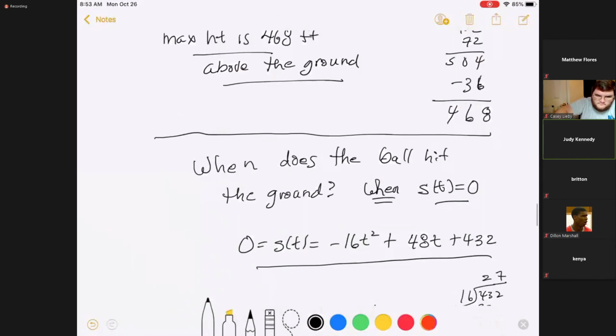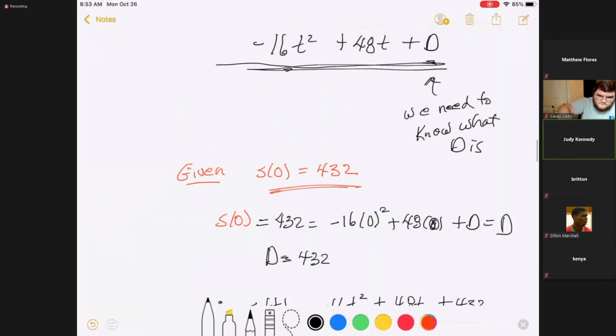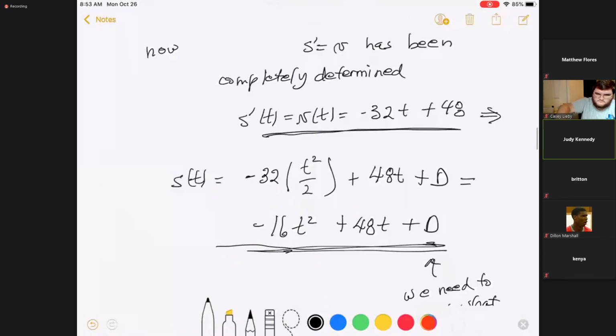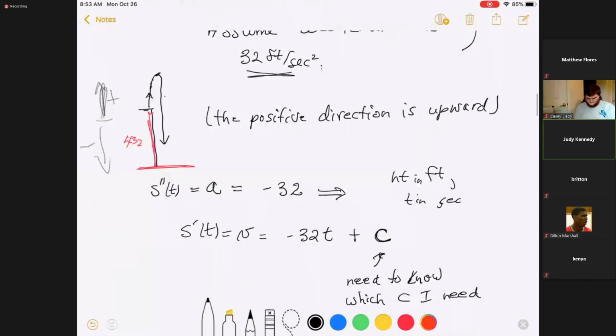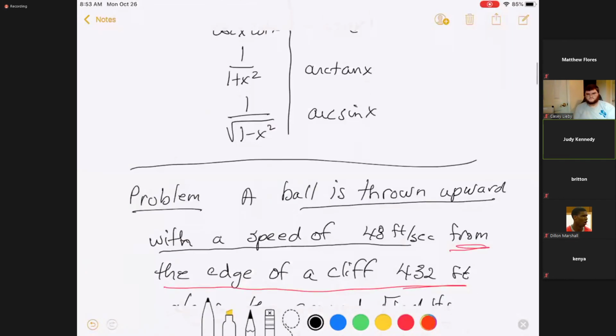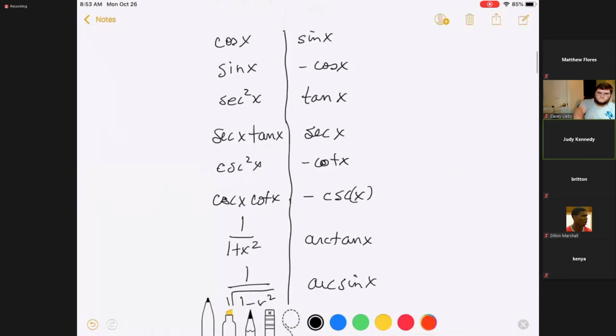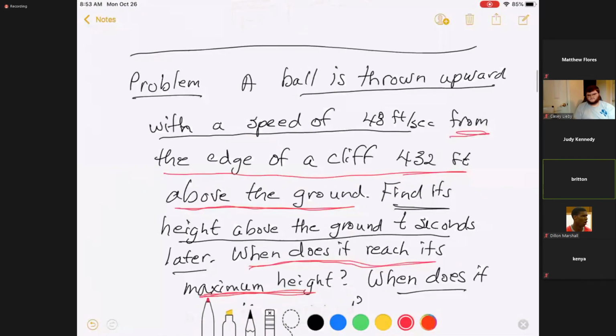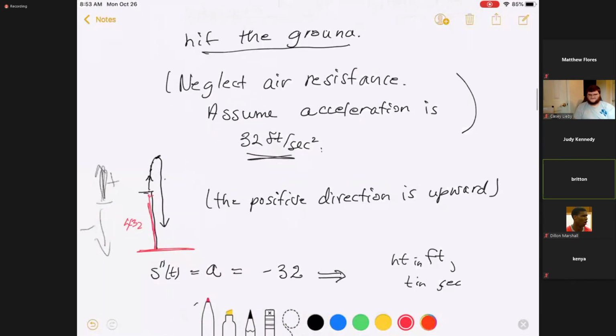Way back here first. It is right there. So the antiderivative of secant x tangent x is secant x.